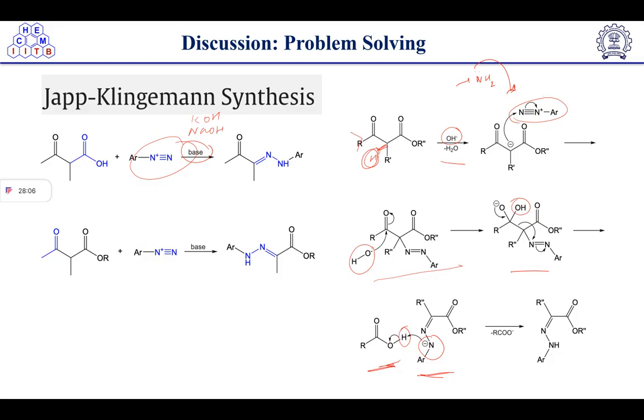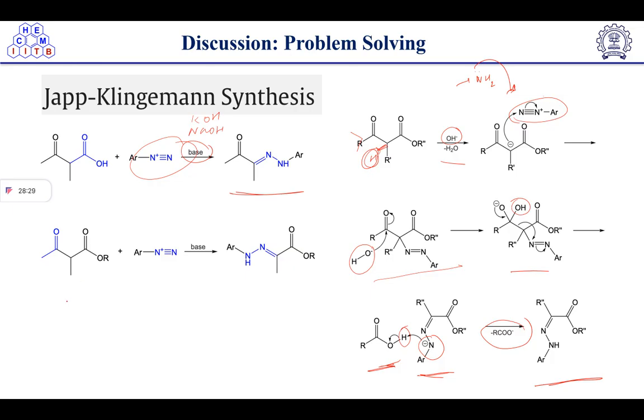So it will abstract the proton from the acid and it will become NH. Okay, and CO2 elimination will take place. So here we are getting this as a product. In this case also this one. This is the way the reaction will proceed.